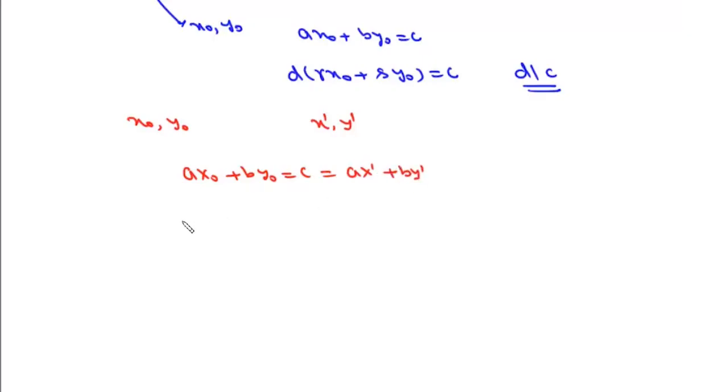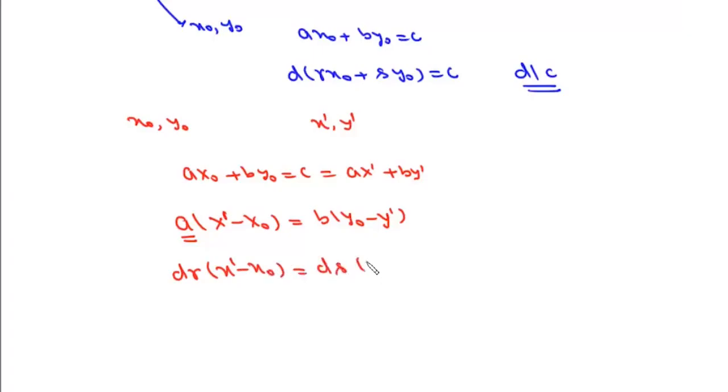Now we can rewrite this as a(x dash minus x0) equals b(y0 minus y dash). Now we know that a is dr and b is ds, so dr(x dash minus x0) equals ds(y0 minus y dash). Now d will cancel, so we'll get r(x dash minus x0) equal to s(y0 minus y dash).